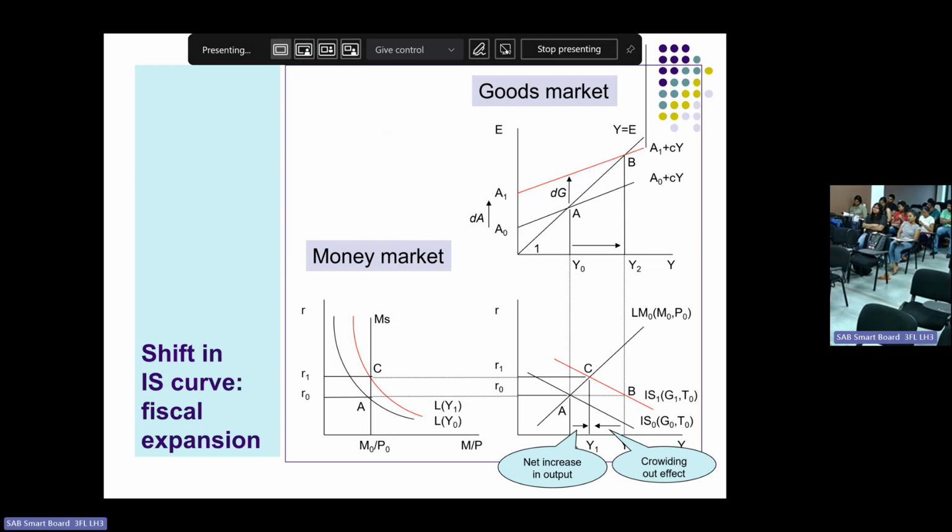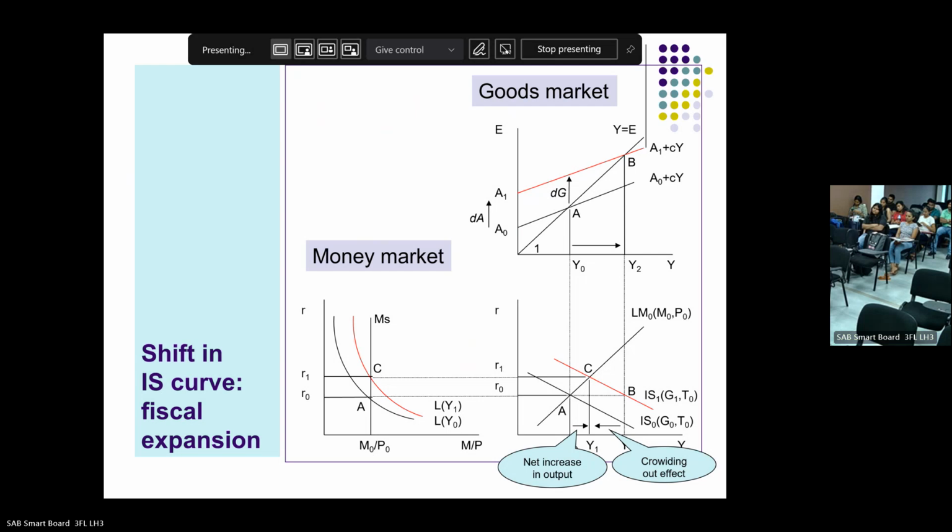Now, if there is no change in the interest rate, that means income will increase from Y0 to Y2 level. So we take this point A. Point A explains what? Zero crowding out. There is no crowding out effect, right?